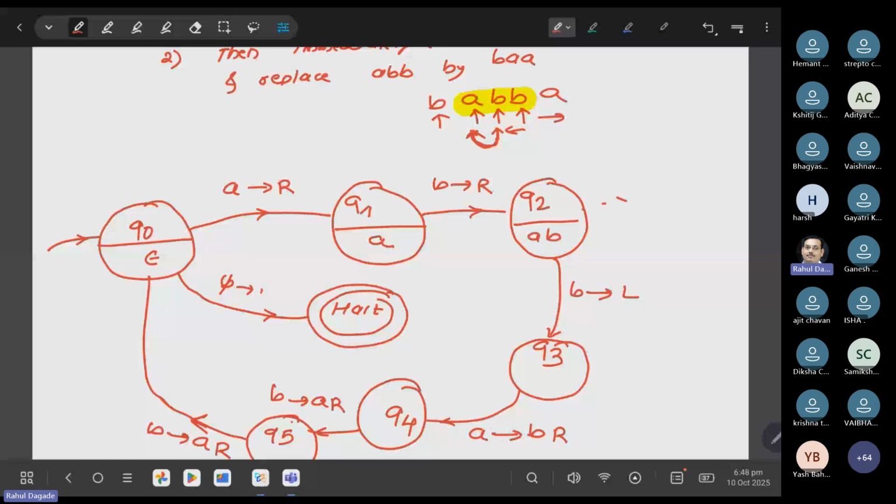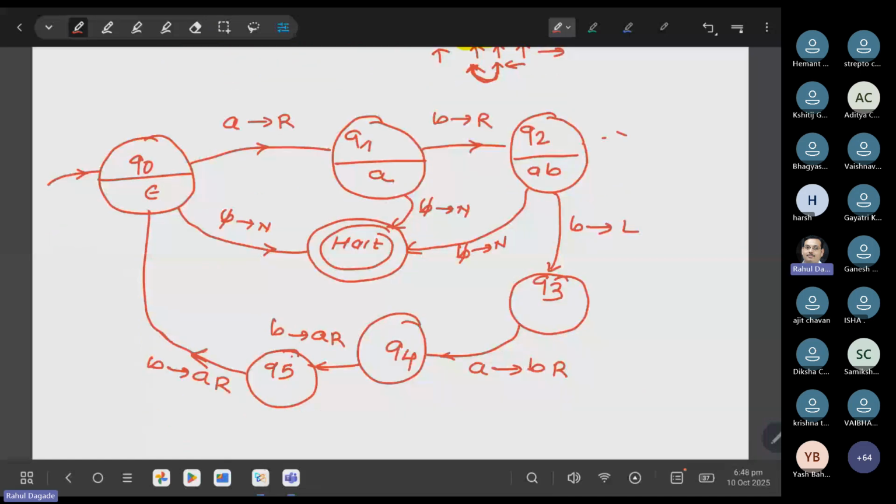In Q1 state, if I get a blank, no movement. And in Q2 state, if I get a blank, no movement. And after Q3, we will not get blank because we have got ABB and we are converting ABB into BAA in Q3, Q4 and Q5 state.